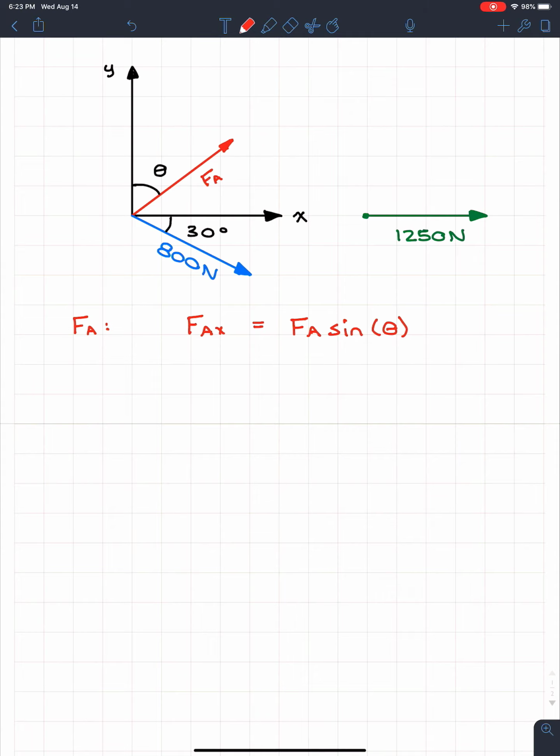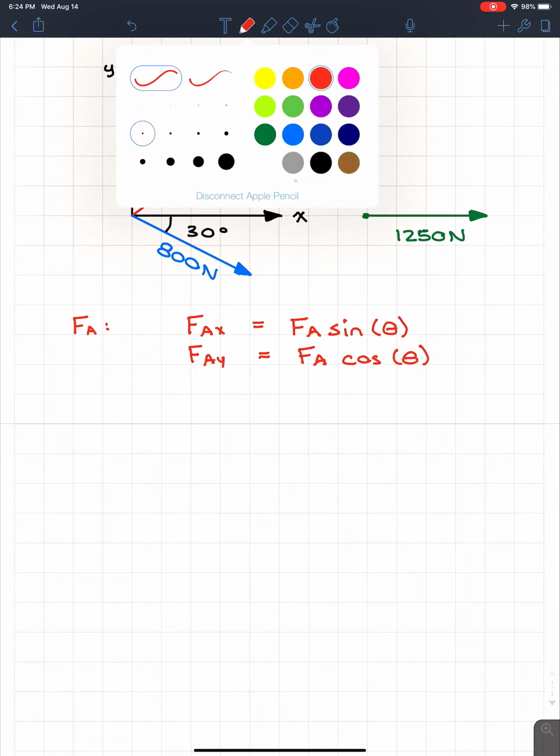So not off to the best start. We don't know either of those. However, that is the component of it, if you will. So FAY, just as awfully, is going to be equal to FA, we don't know, times cosine of theta. So ta-da, we've literally done nothing. We have no values yet, so nothing.